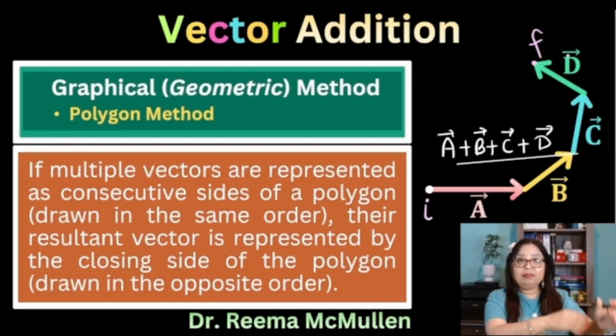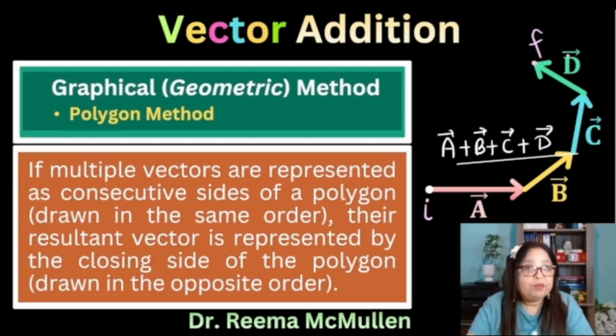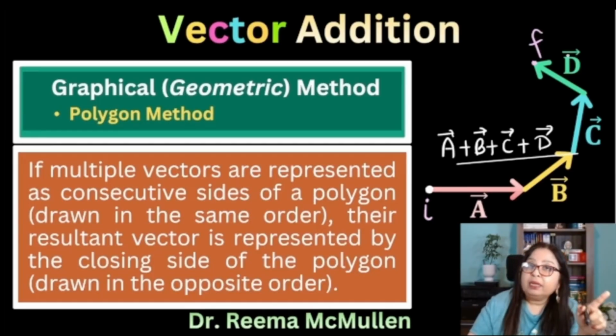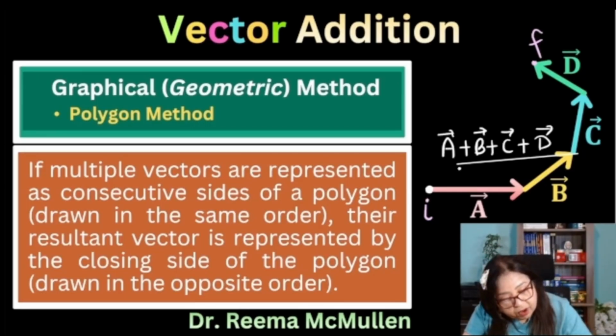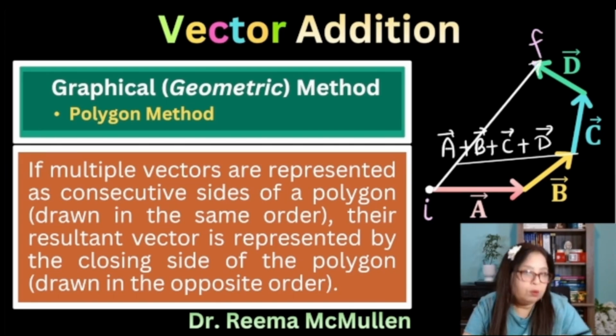So if A, B, C, and D are displacement vectors, and you began at I, the tail of vector A, and you ended up at the tip of the last vector, that is F. How do you find the net displacement? Yep, you're right. You find the net displacement by drawing this straight line from I to F. There you go. This is our resultant vector R.